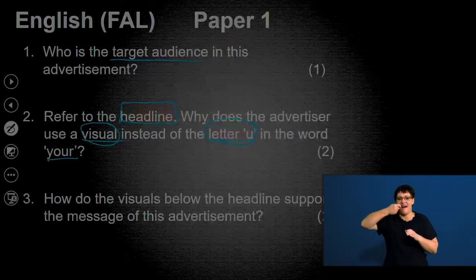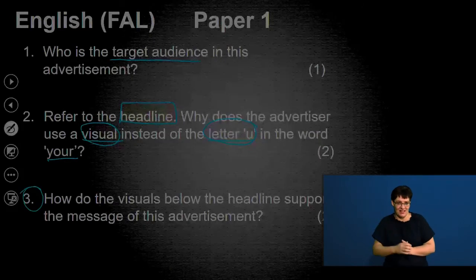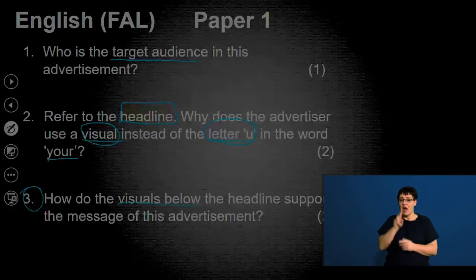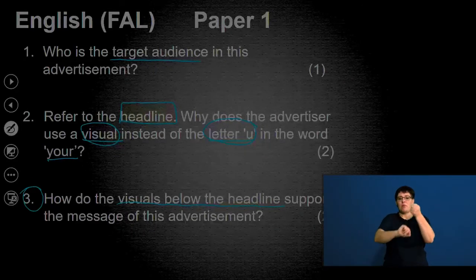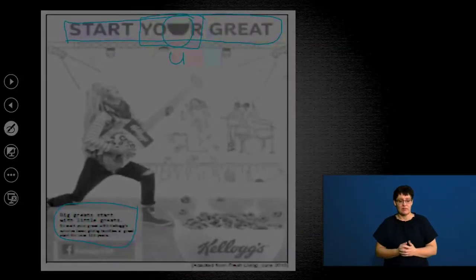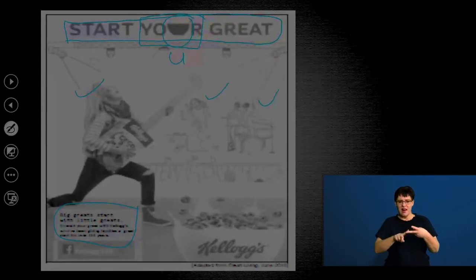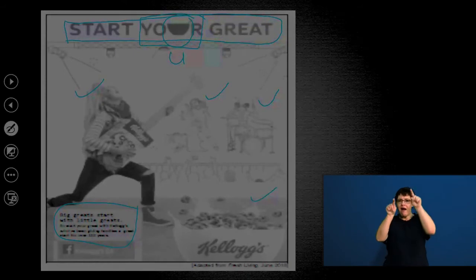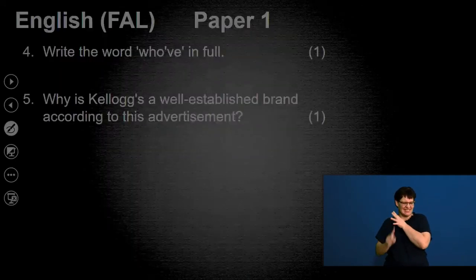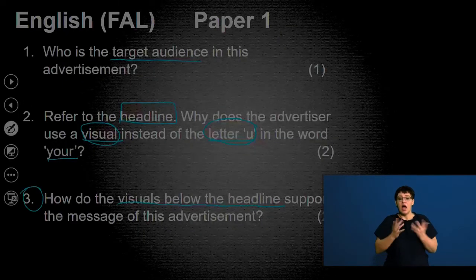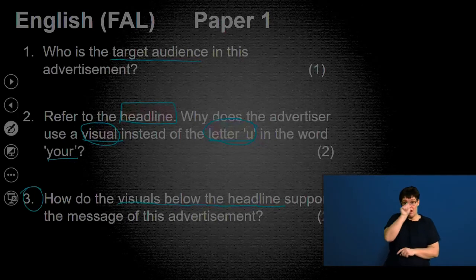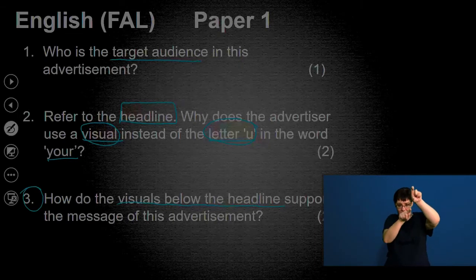Now we're going to look at question 3. How do the visuals below the headline support the message of the advertisement? Let's go back, and now we are looking at visuals. We're looking at the girl. These are all our visuals, okay? We're looking at the images here, and the question is, how do the visuals below the headline support the message in the advertisement?